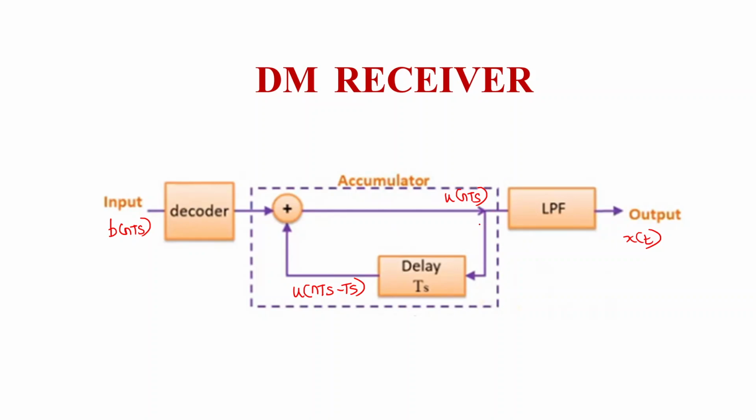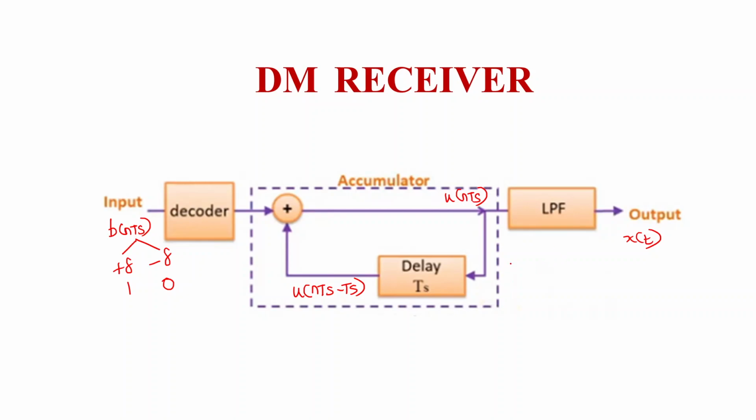The accumulator reconstructs the staircase approximated signal u of t from the incoming sequences of positive and negative pulses, that is either plus delta or minus delta, either 1 or 0. If the input is binary 1, the accumulator adds plus delta to the previous output.